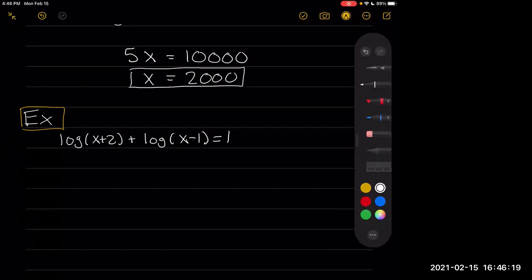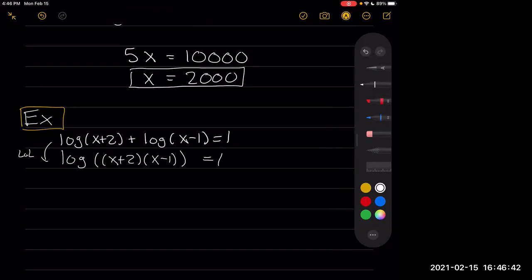Here we're going to use the law of logs, or LOL, and we get log of (x plus 2)(x minus 1), all equaling 1. And now we're going to exponentiate both sides. That's the word, exponentiate.